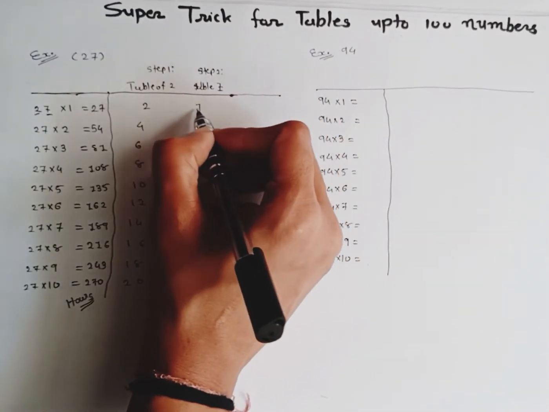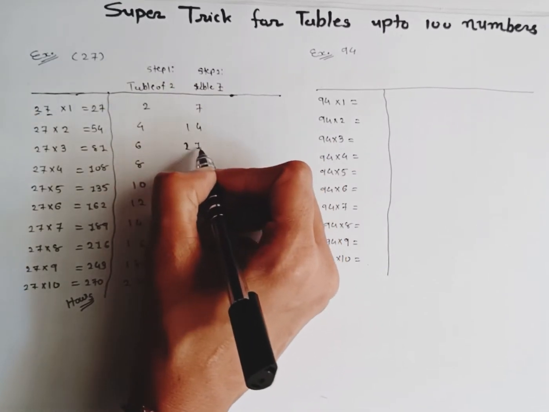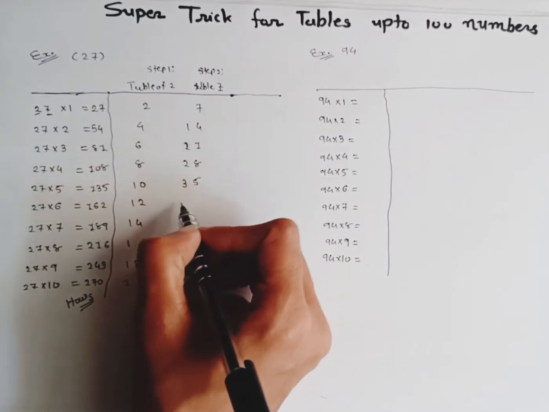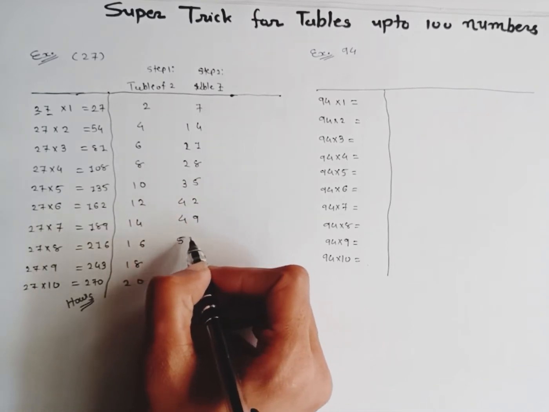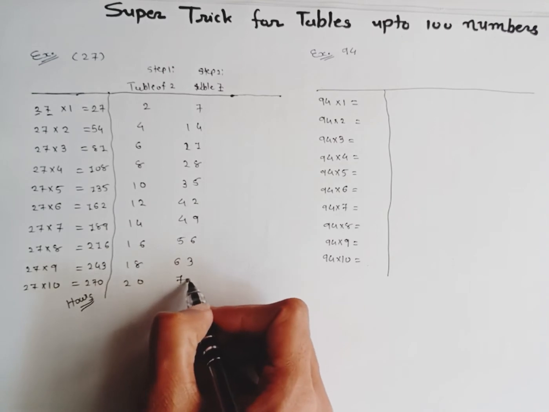Now next step, table of 7: 7, 14, 21, 28, 35, 42, 49, 56, 63, 70.